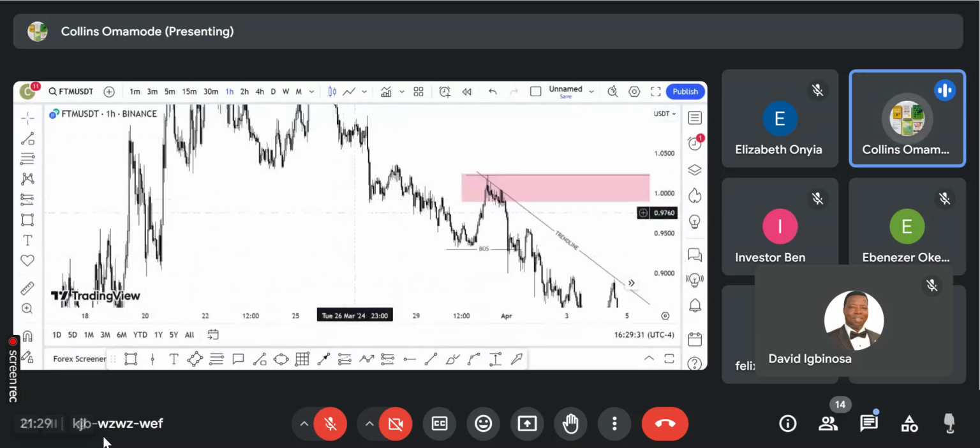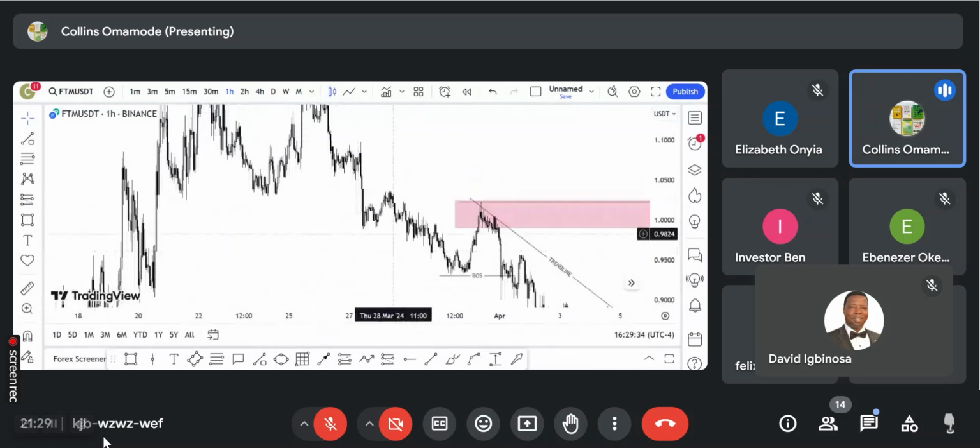It formed here, but it didn't form here perfectly. So I'll leave it. It formed here, but not perfect.